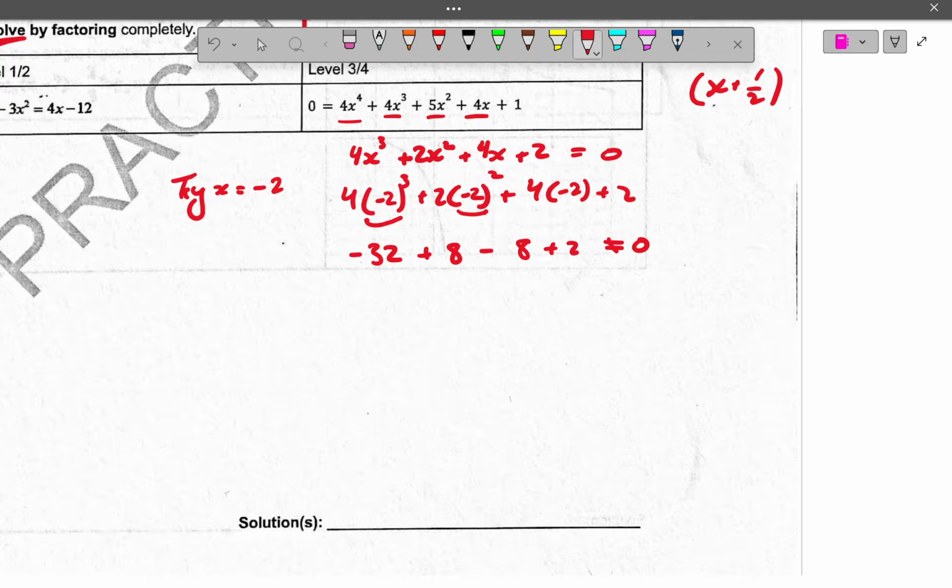So maybe we have to try another. We could try negative 3 rather, or it could otherwise be maybe another half. So I'm going to try negative 3 first.